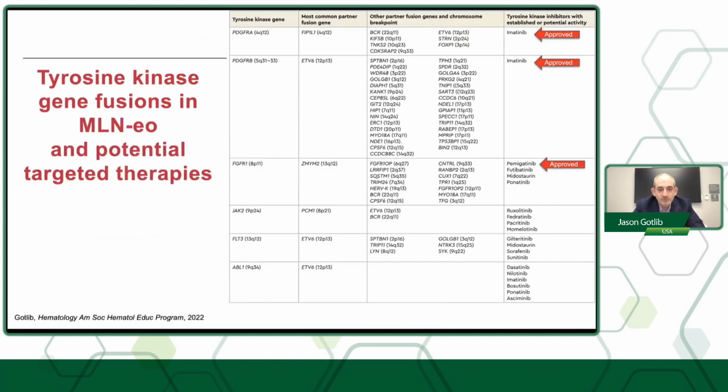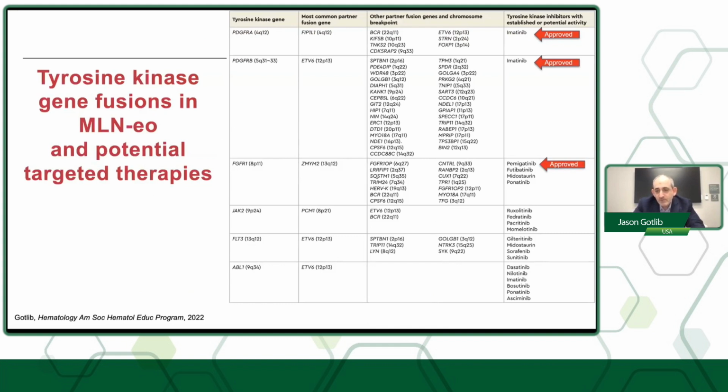Now, these are the different tyrosine kinase gene fusions, and their partners. You can see that for PDGFR alpha, there are some 8 genes that have been partnered with PDGFR alpha. For PDGFR beta, there are over 30. For FGFR1, there are 16. For JAK2, there are 3. For FLT3, there are around 7. And then, of course, there's the ETV6-ABL1 gene fusion.